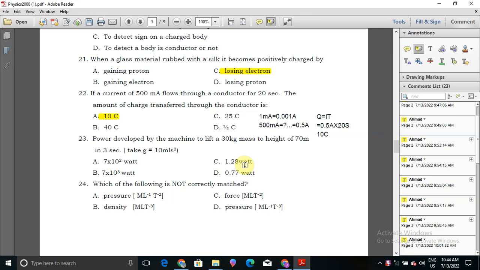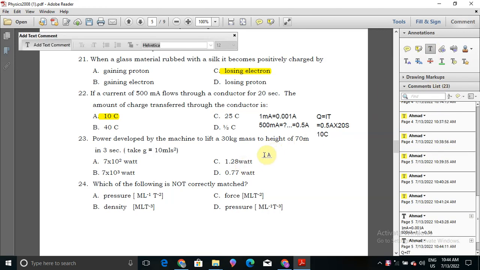Okay, now the formula for power is equal to work over time taken, right? W over T. And now what we have here, we have mass, we have height, we have time, and we have gravity, or we can say also acceleration.